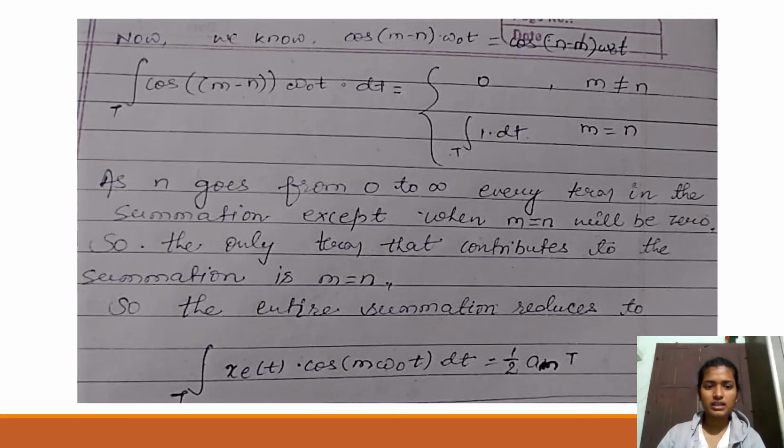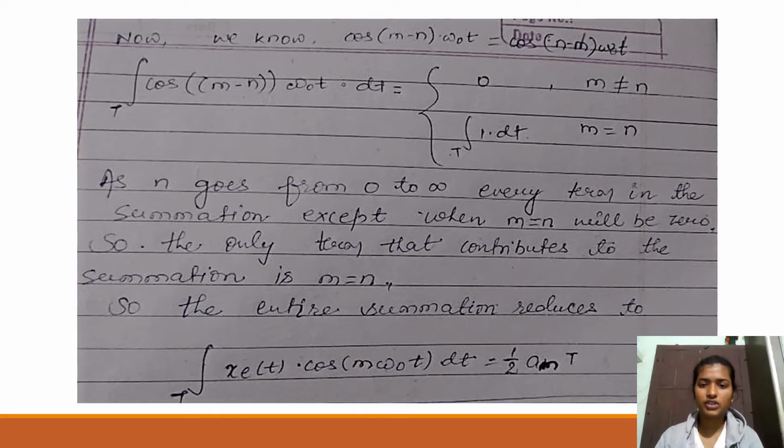In the next slide I have written something like this. When m is not equal to n, the integration will be 0. If they are equal to each other, then m minus n will be 0, so cos 0 will be 1.